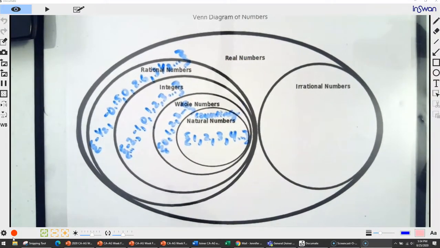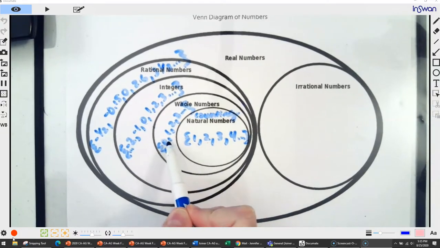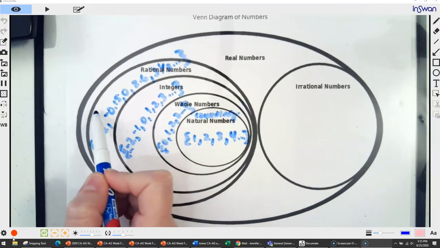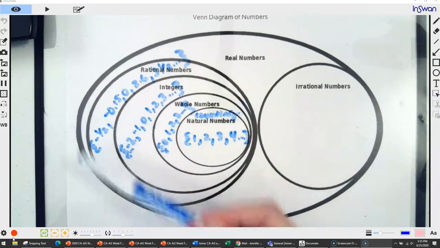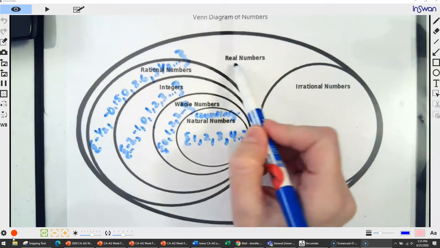So now we've covered all of our numbers here, starting with 1, 2, 3, 4, adding 0, adding negative numbers, then adding our in-between numbers, right? Our fractions and our decimals. All right, so all of these numbers are real numbers, correct?